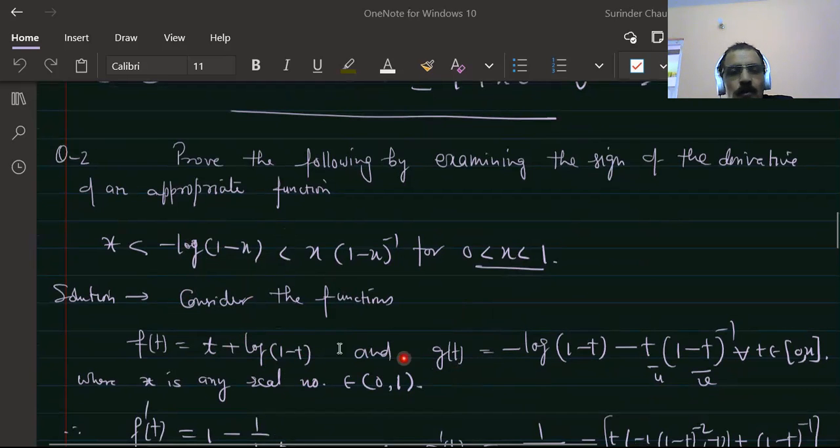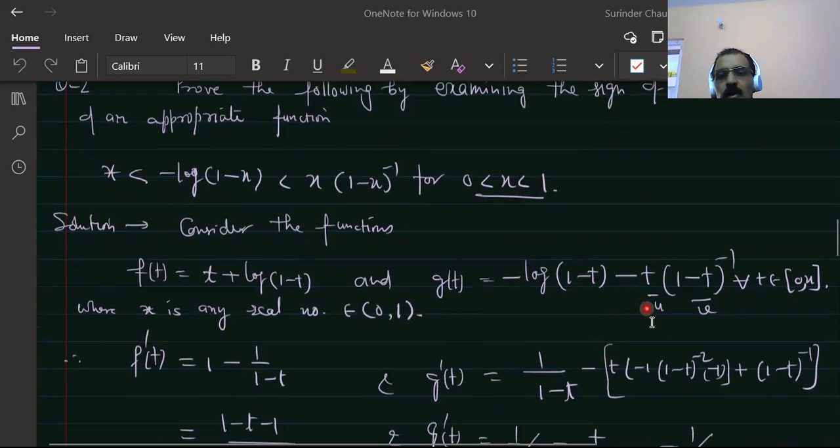And g(t) is equal to minus log of (1 minus t) minus t upon (1 minus t), for t belonging to the open interval 0 to 1, where x is any real number in the open interval 0 to 1.